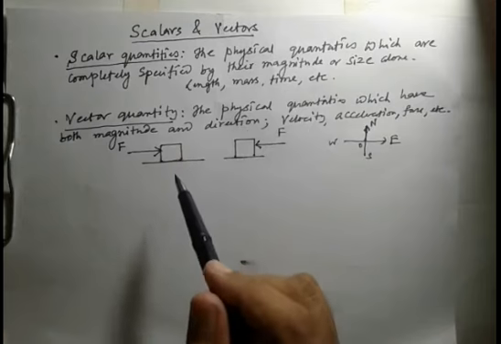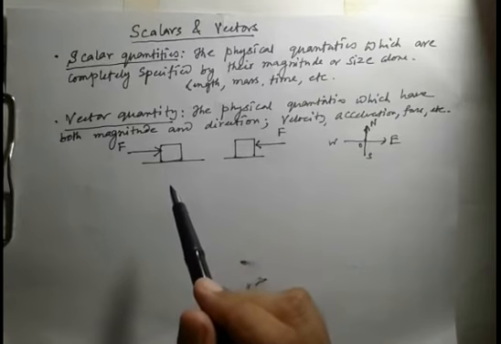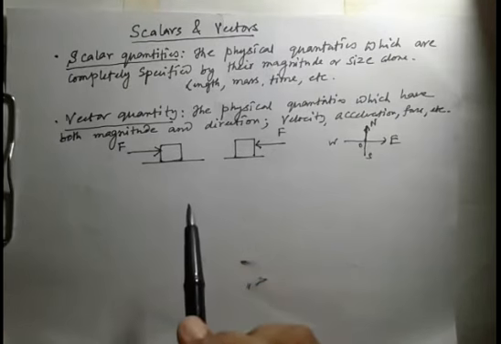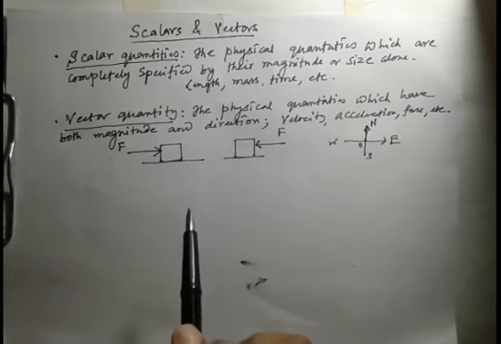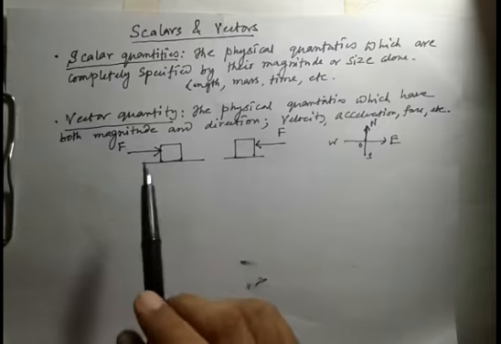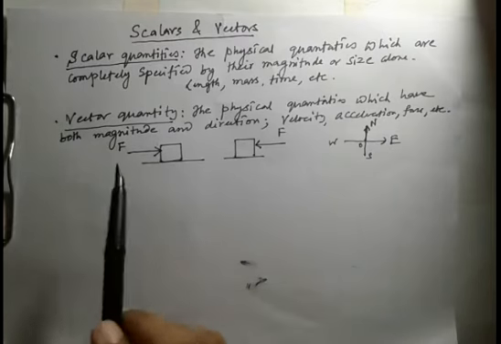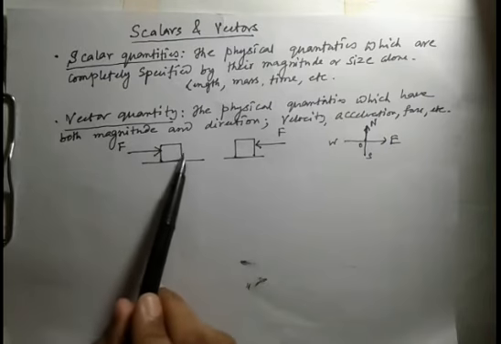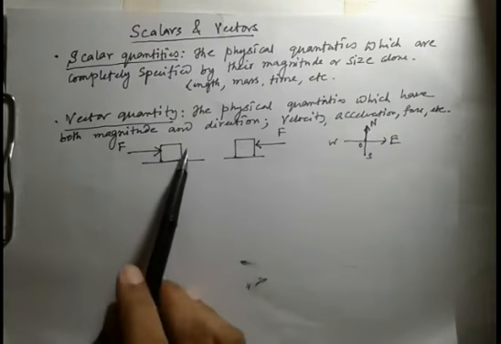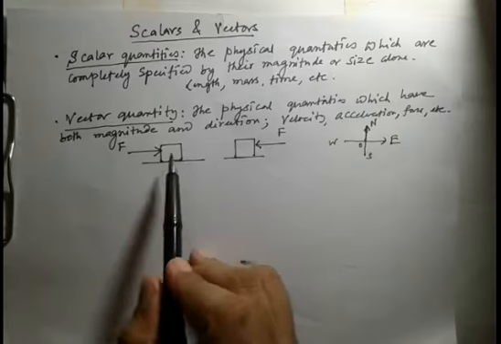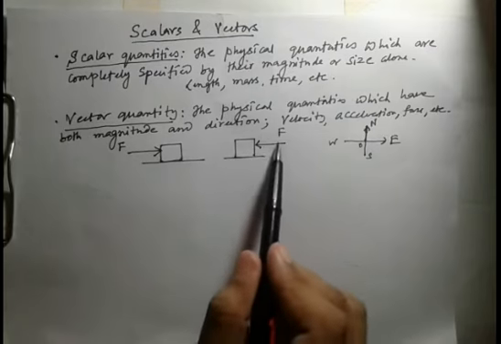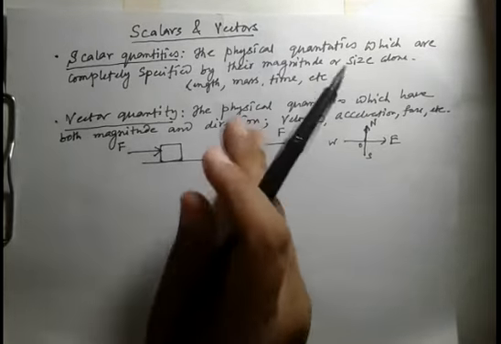Okay, so in the other way we can also write that the vector quantity is that type of physical quantity whose effect changes with the change in direction. So if I change the direction, the effect of that physical quantity will change. What is the meaning of this one? I was applying the force in this direction, then the object was going in this direction. That was the effect. Now when I change the direction of the force, then the effect also changed.